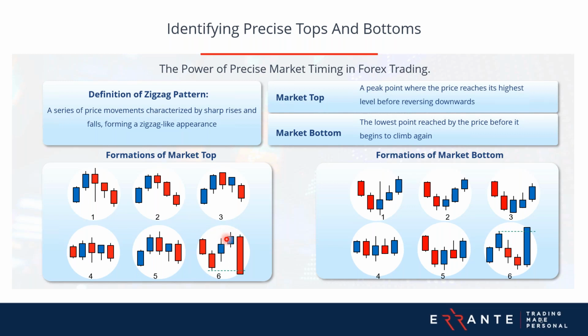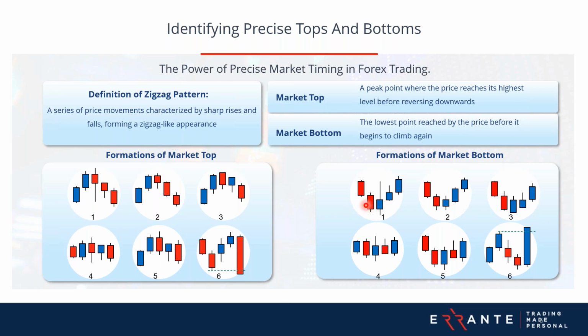As soon as we see a candle and the next candle closes below the last market bottom, it means we have identified the market top at this fourth candlestick among this group of five candles. So we have this formation for sure, also for the market bottoms.